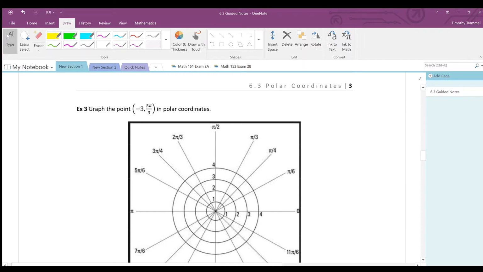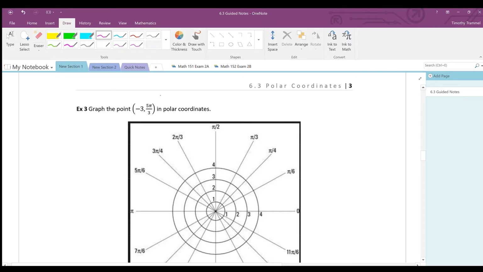All right, let's try and plot one of these points that actually has a negative r here. So you can see r equals -3. So for one, even if r is -3, we still want to be 3 units away from the origin. So we're going to want to be on this circle here of r equals 3.